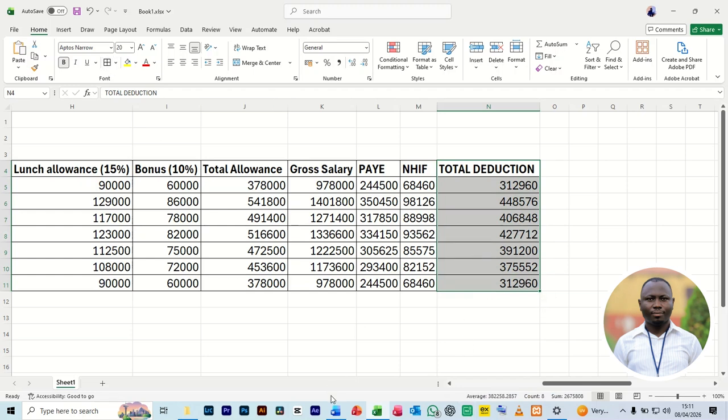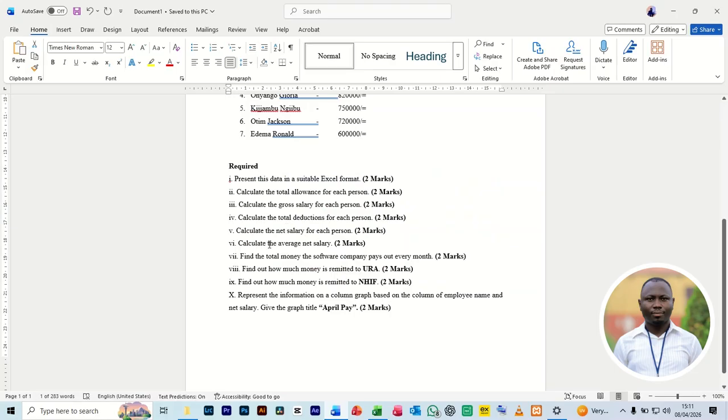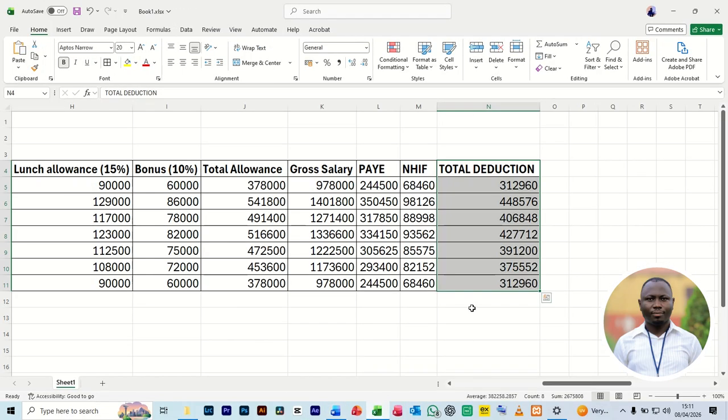What we're going to move to next is this question here, which is saying calculate the net salary of each person. So we're supposed to calculate the net salary of each person. And what is net salary? The gross salary minus the total deductions. That is when we get the net salary. So we're going to say net salary.